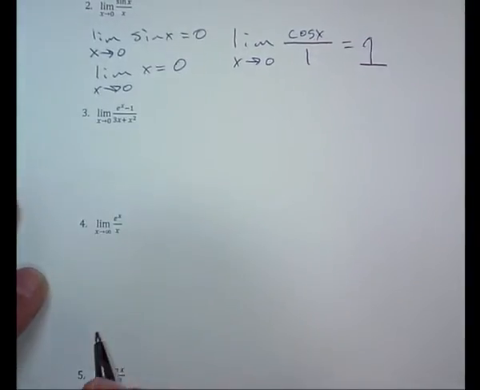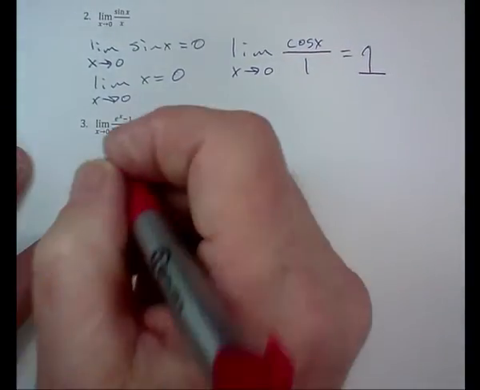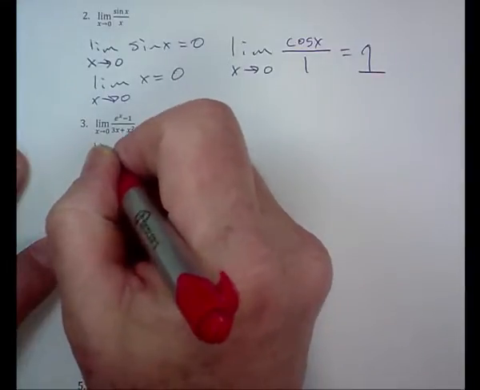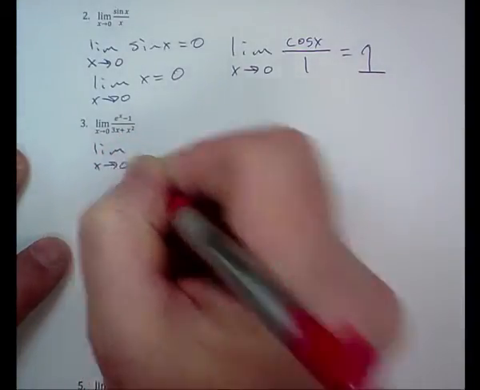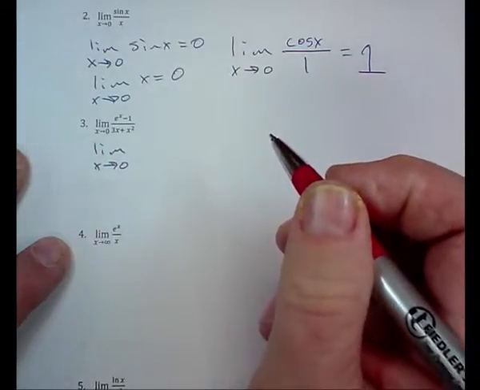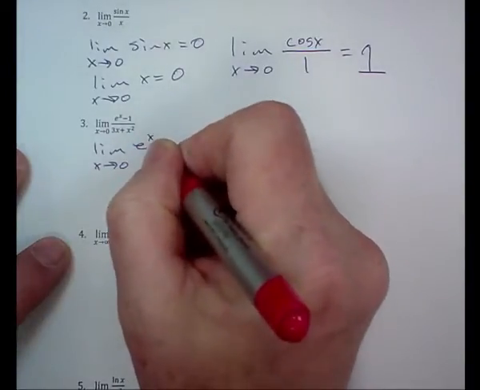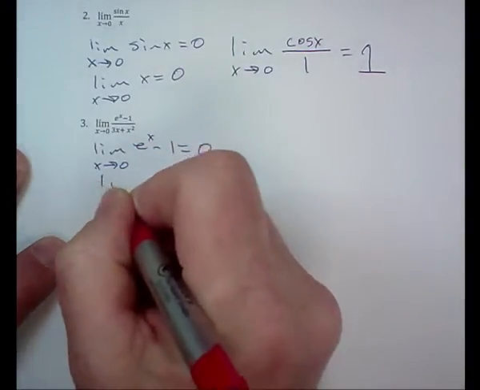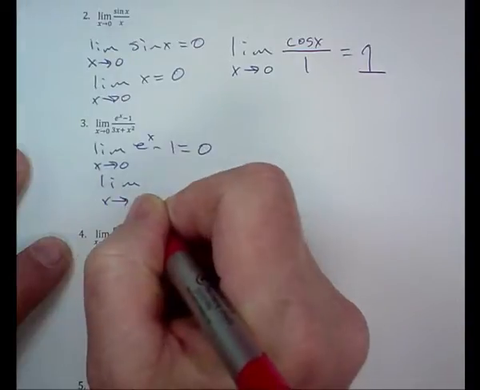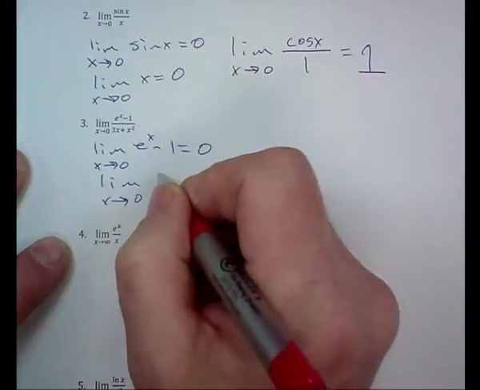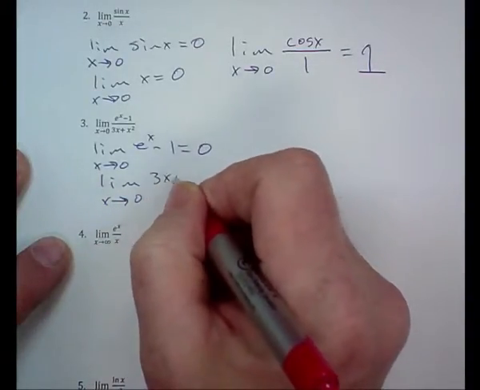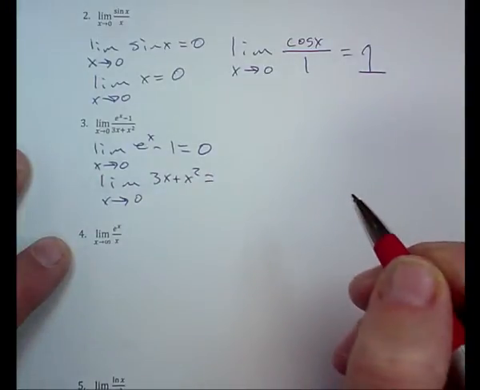All right, Nate, start us off. The limit as x approaches 0 of e to the x minus 1 is 0. That's 0. Okay.